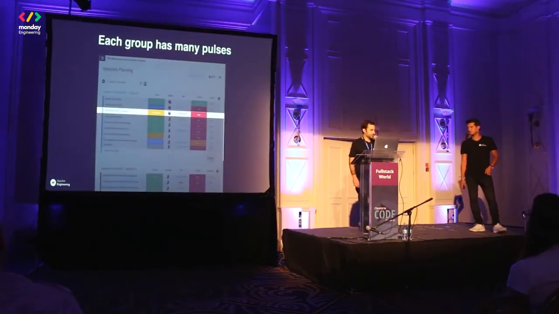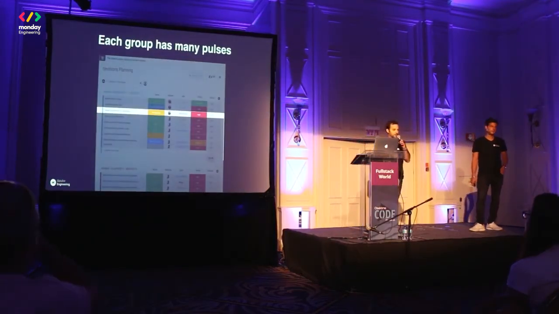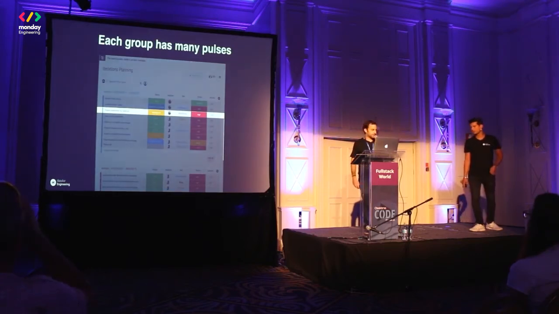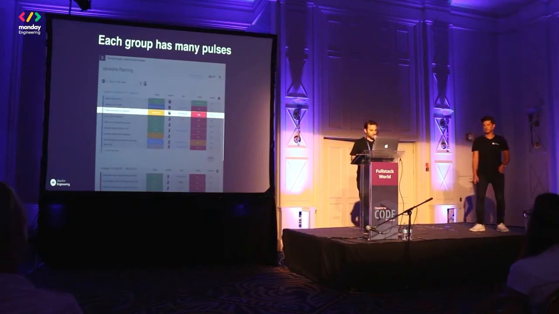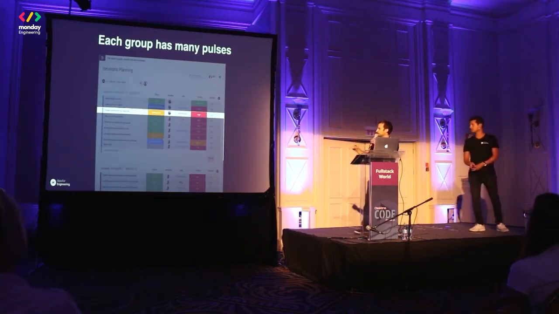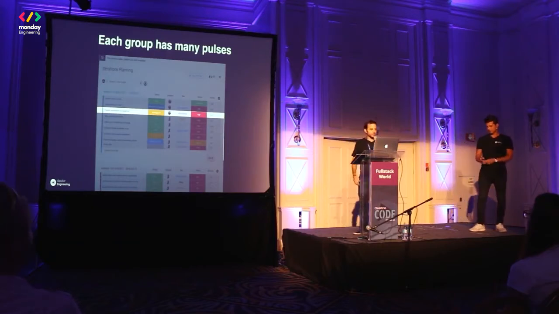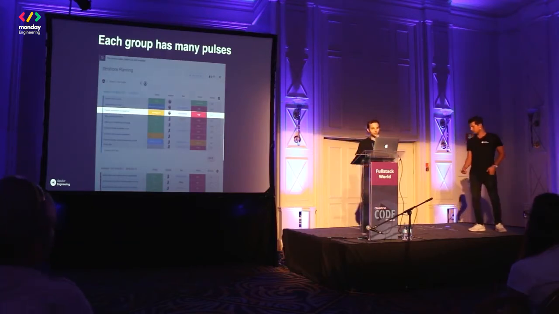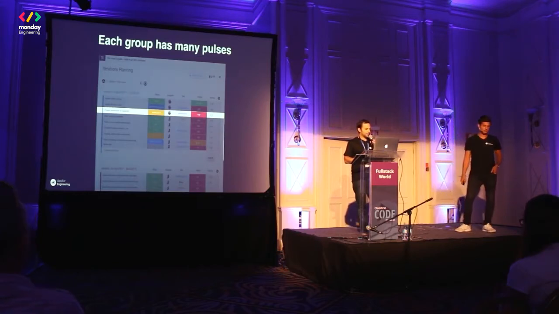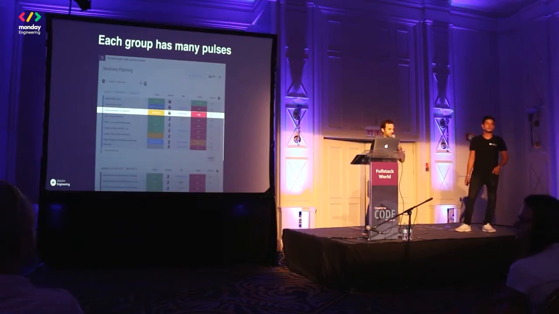You can think about it like a very smart table where each pulse is a row. The columns of the pulses, like the status, assignee, epic and so on, are fully customizable, which means we can have a numerous number of columns, and pretty quickly get to a very complex DOM.